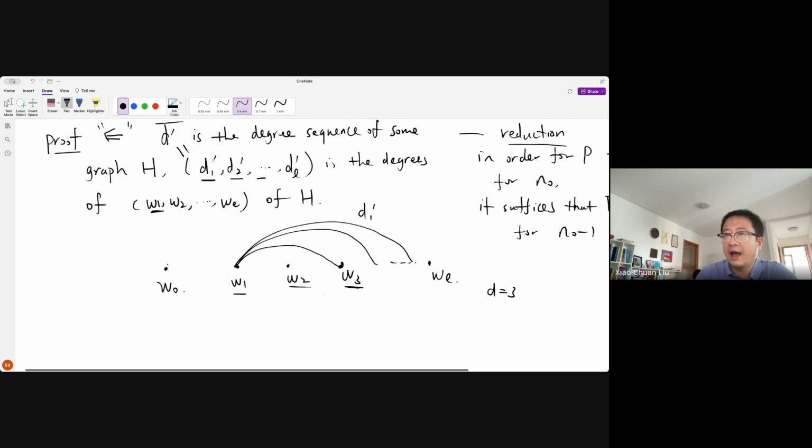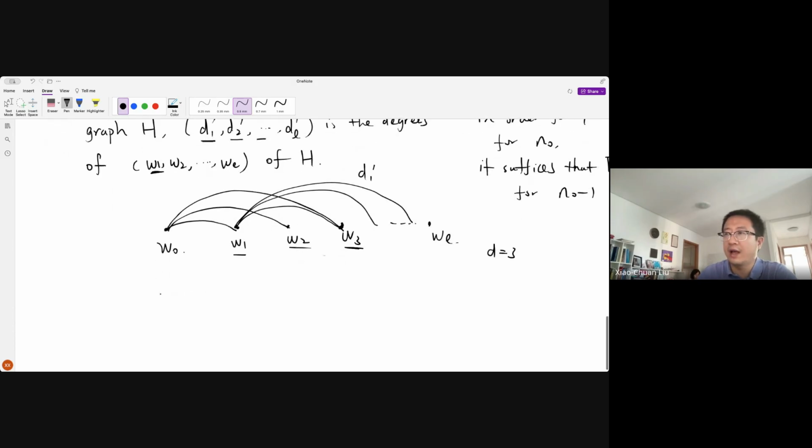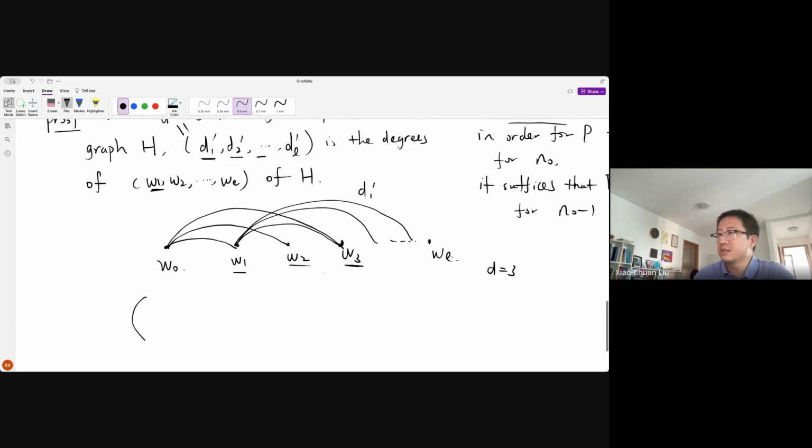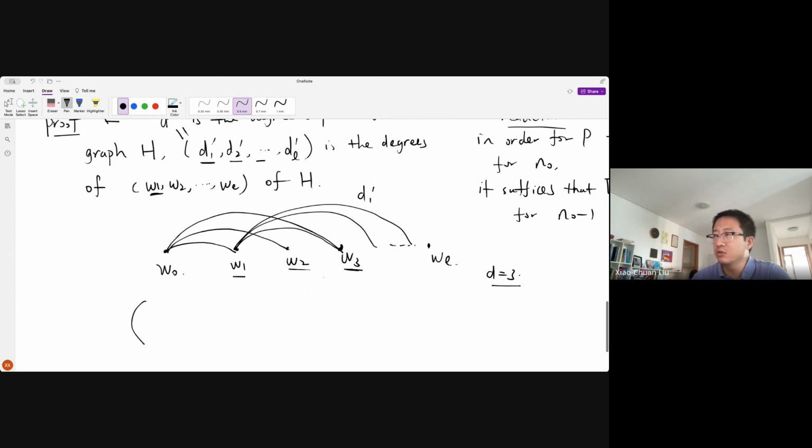And then I add W0 to W1, W0 to W2, W0 to W3. So what sequence do I have? I can do this only if 3 is greater or equal than D1 prime.